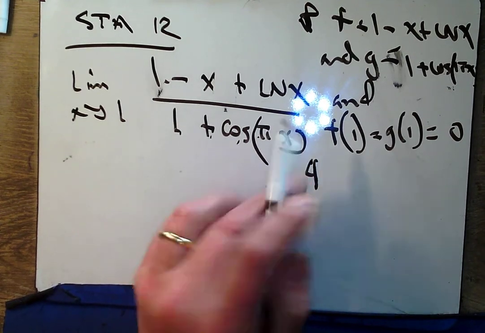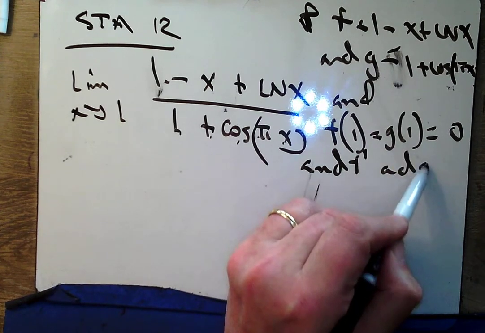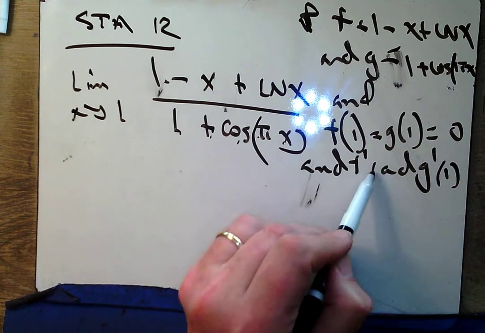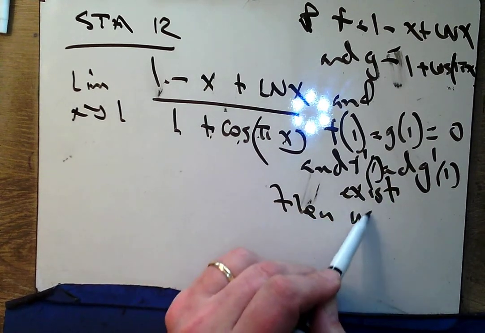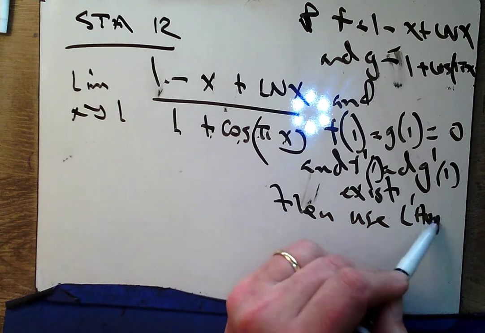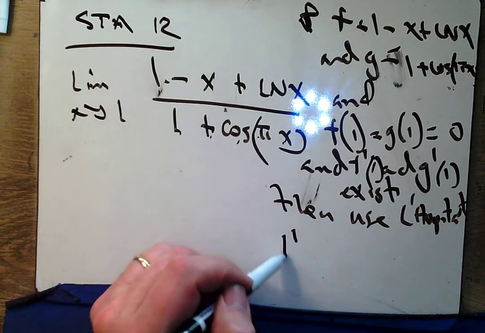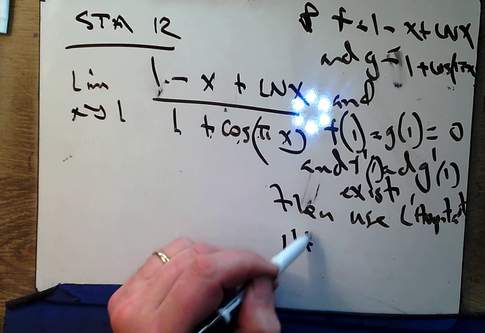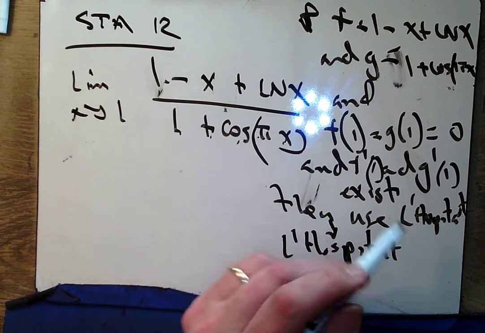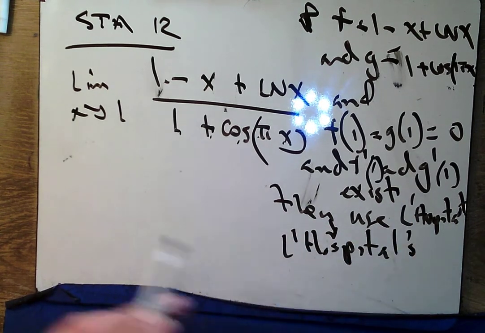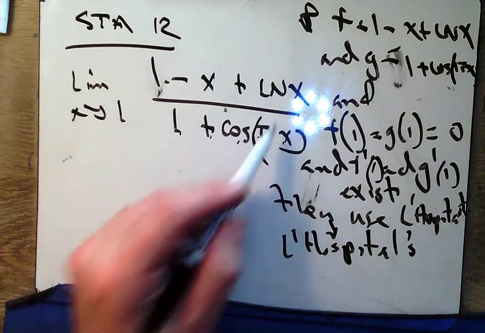And f prime and g prime of 1 exist, then use L'Hopital's. Or maybe you want to say use L'Hospital's. Some people really feel that that S is crucial. Okay, L'Hopital's. So let's use L'Hopital's here.